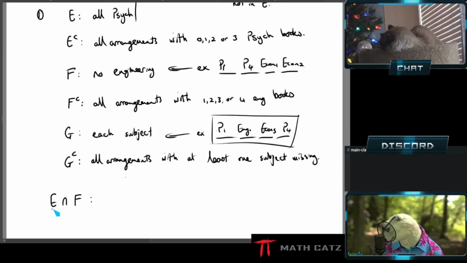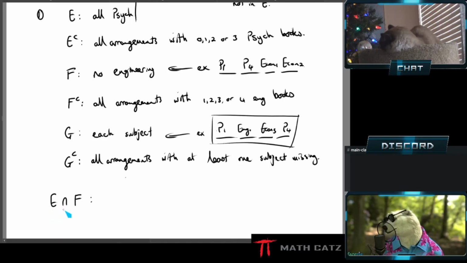But by being all psychology books, I am automatically satisfying the fact that there are no engineering books. There are other ways to not get engineering books, maybe a mix of psychology and economics. That is in F, but that's not in E, because E requires all psychology books.